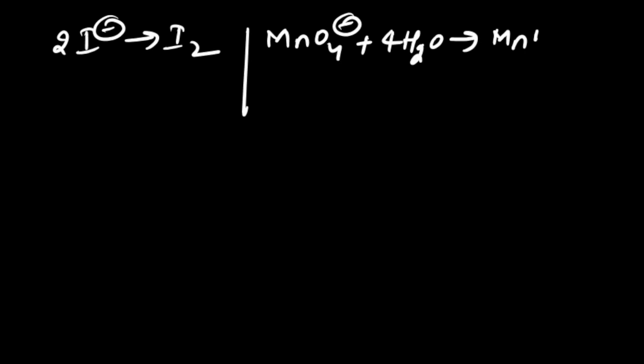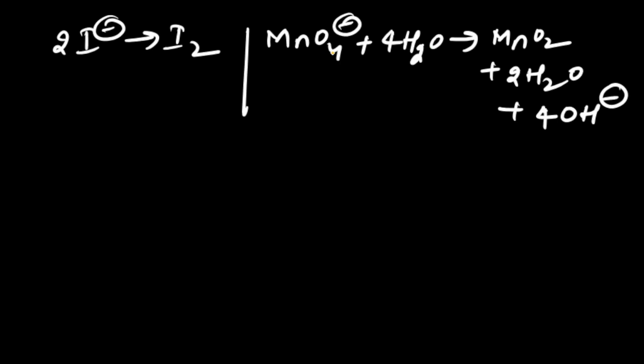Done. MnO4 minus plus 4H2O gives rise to MnO2 plus 2H2O plus 4OH minus.